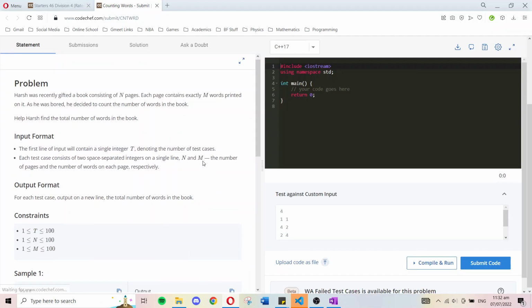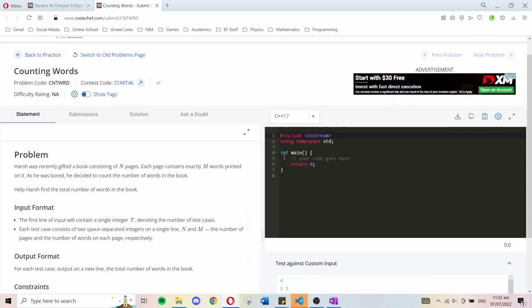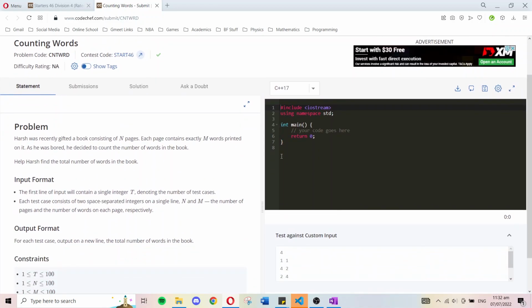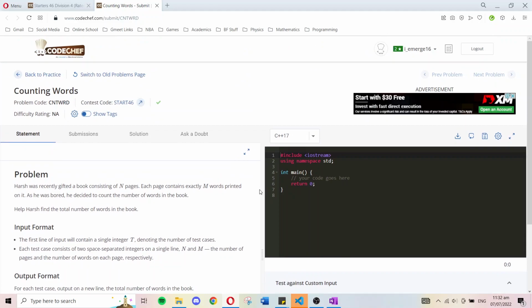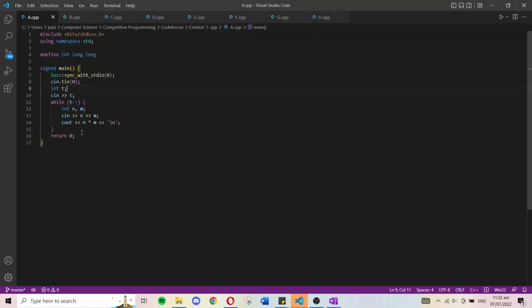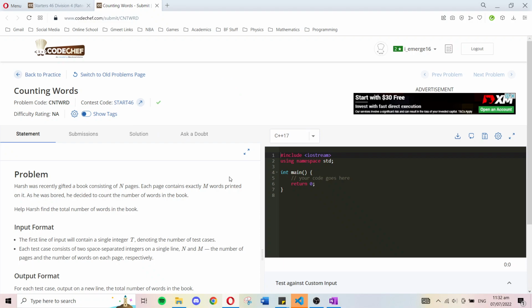Okay, so the first problem is counting words. This is a very easy problem. Again, it's an introduction to programming, and anyone can get this, really, as long as you know how to code the most basic stuff.